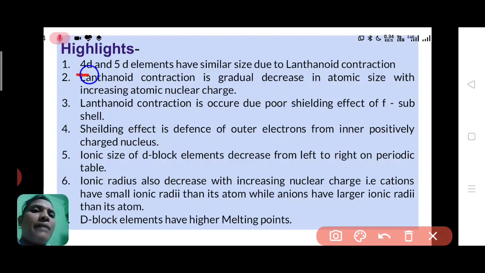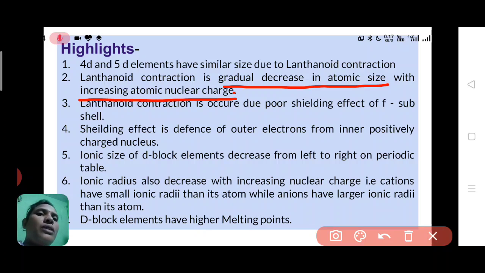Lanthanoid contraction is a gradual decrease in atomic size with increase in nuclear charge. Due to the increase in nuclear charge, the atomic size of 5d series elements decreases.